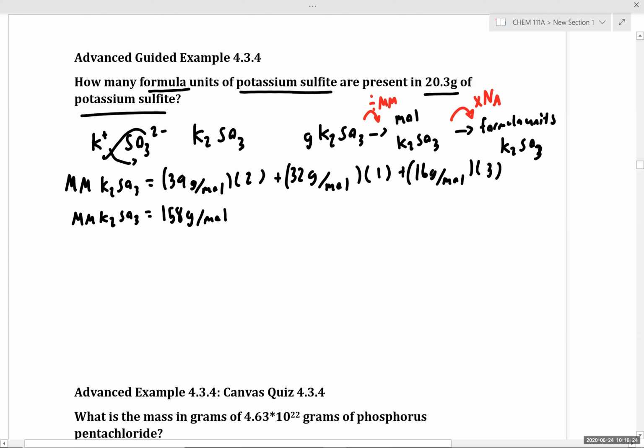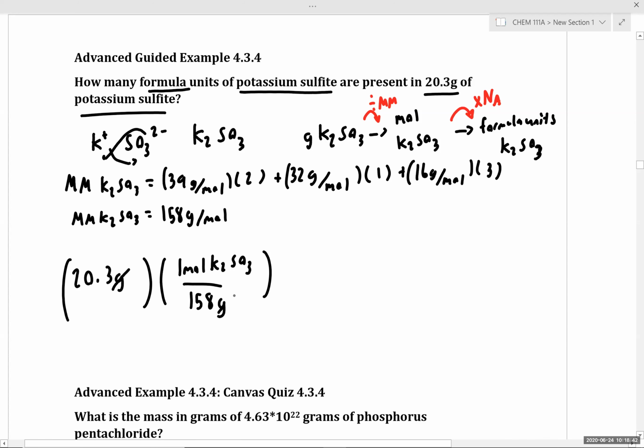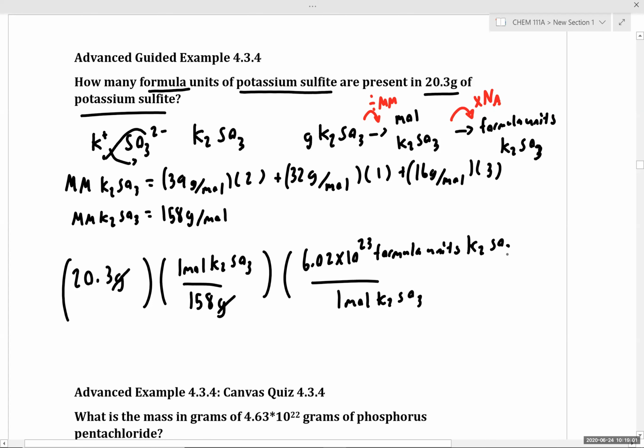Wonderful. Now that we have all this preliminary information laid out, let's execute on our unit conversion. So we start with 20.3 grams. We know that in 1 mole of potassium sulfite, we have 158 grams. Grams cancel. Now to go from moles to formula units, we know we have 6.02 times 10 to the 23rd formula units per 1 mole of potassium sulfite.